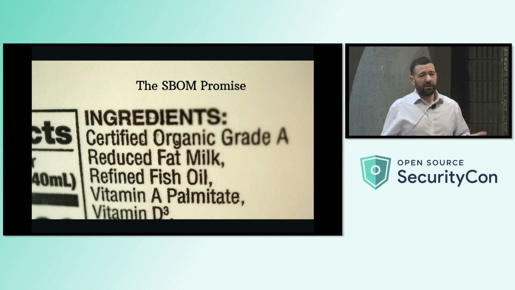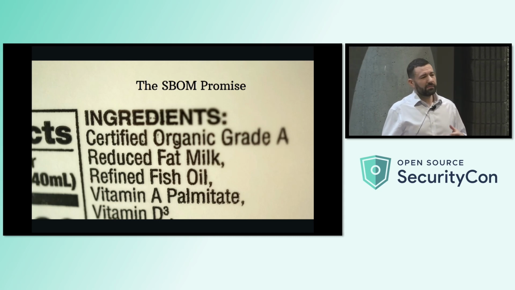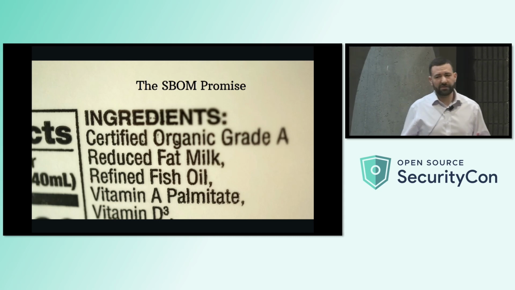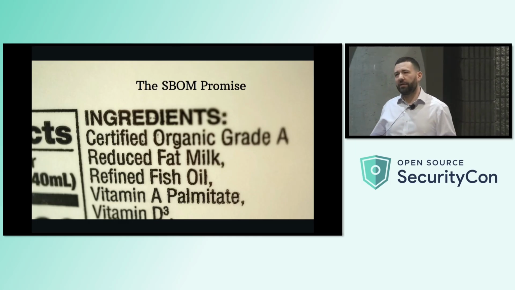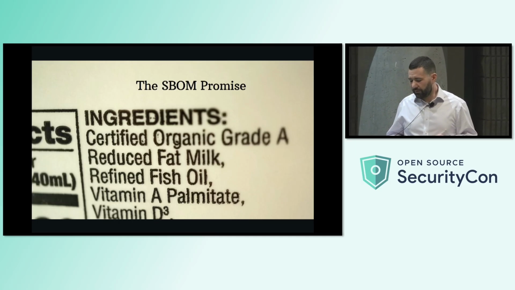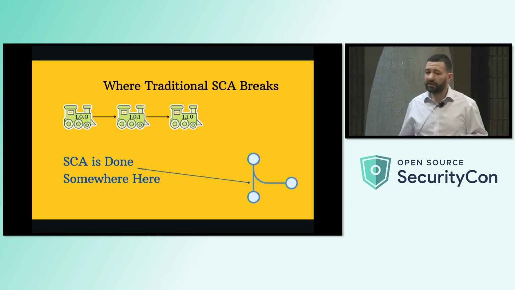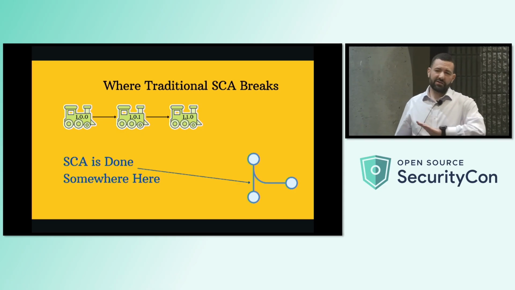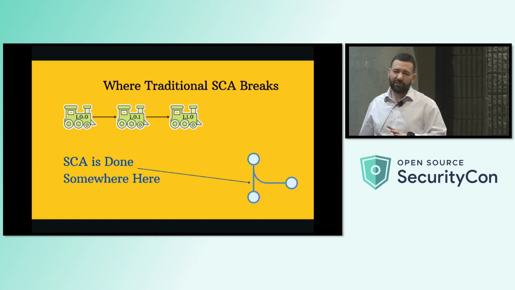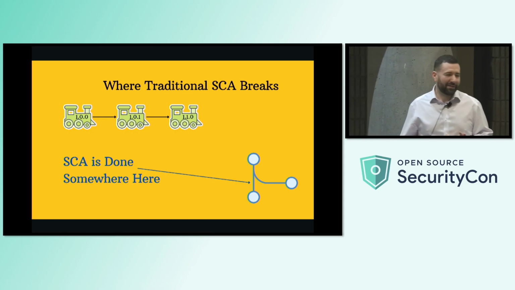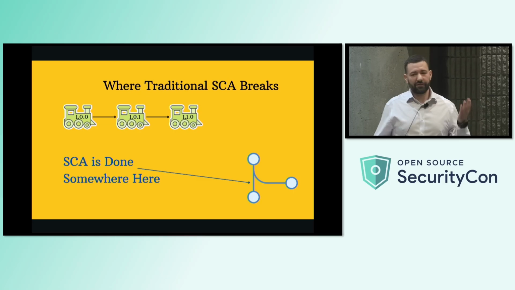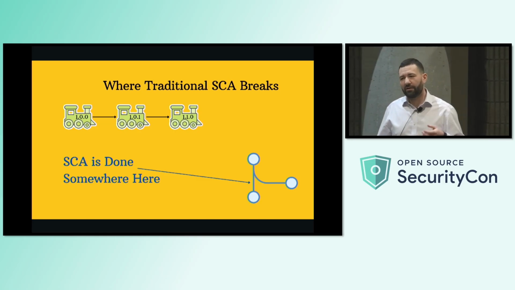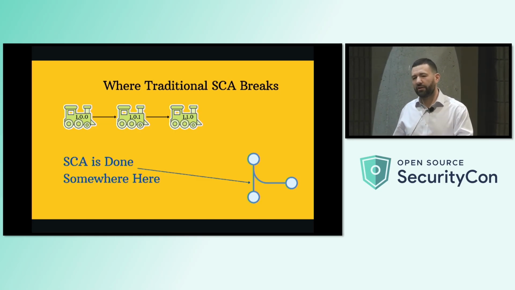Everybody knows that an SBOM is a list of ingredients of your software. But in reality, this is the state-of-the-art SCA from 5-6 years ago. What it means essentially is you have your release train on top, which is what you actually give to users, to consumers.